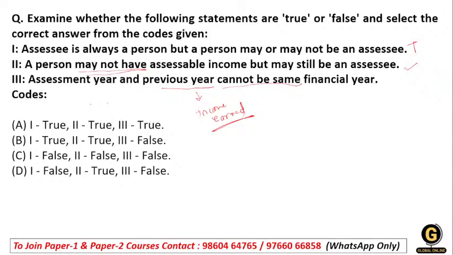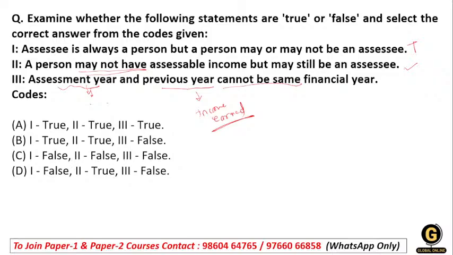The year in which income is earned is called the previous year, and the assessment year is the immediately following year in which income is assessed and taxed.